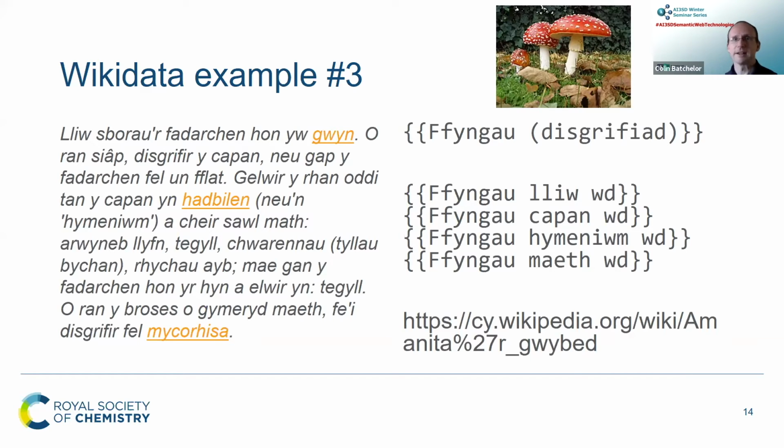It says fungi, disgrifiad, fungi, brackets description, which calls out other templates. There's one for the color, there's one for the cap, there's one for the hymenium, and there's one for the way that the fungus feeds itself.